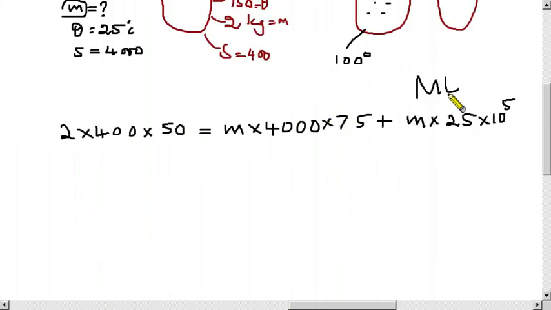Now let us cancel 25, 3 times, 2 times, then cancel 20, 20 here, then 10 power 3, then 16. 4 times 2 is 8, 8 times 2 is 16.